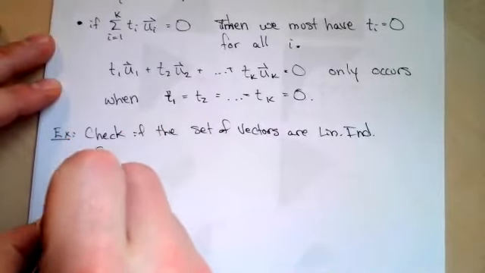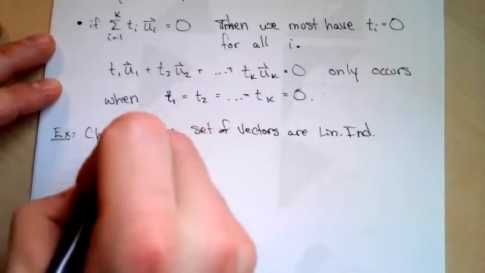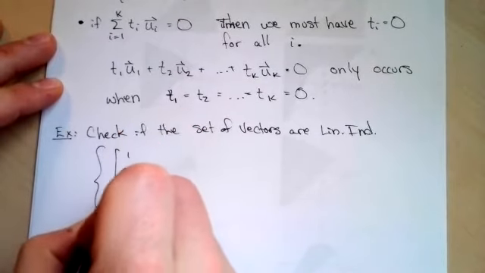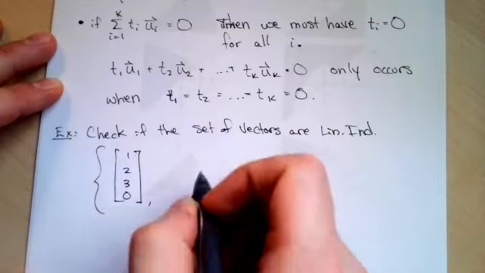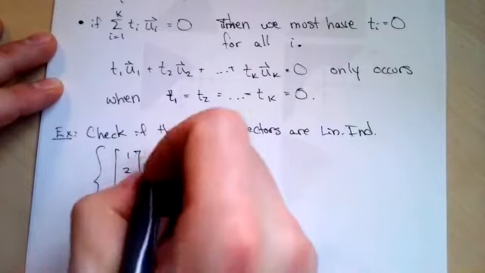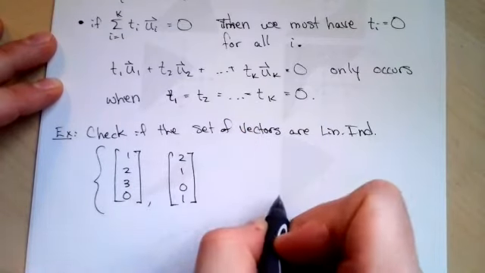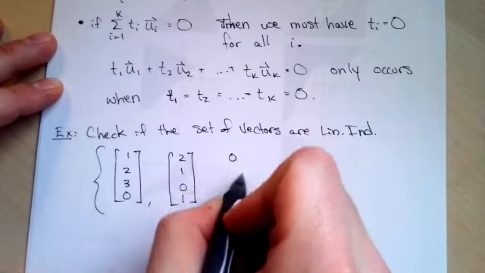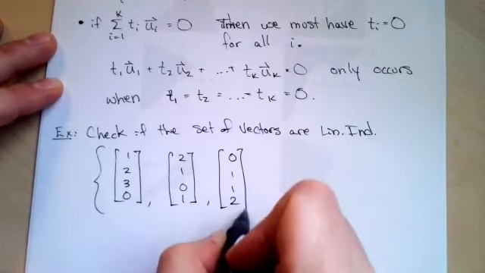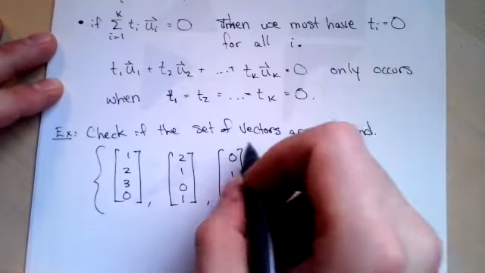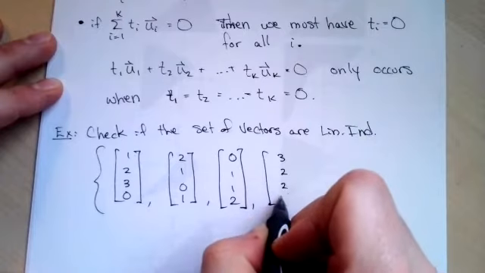Then our set of vectors is 1, 2, 3, 0, 2, 1, 0, 1, 0, 1, 1, 2, and 3, 2, 2, minus 1.